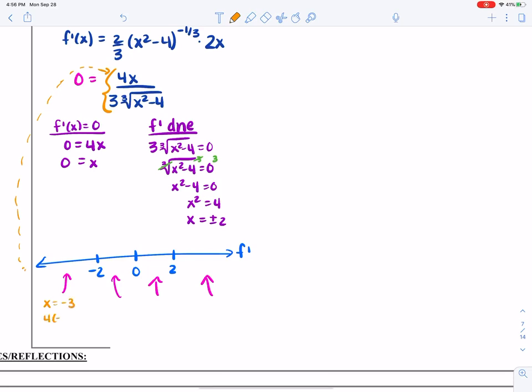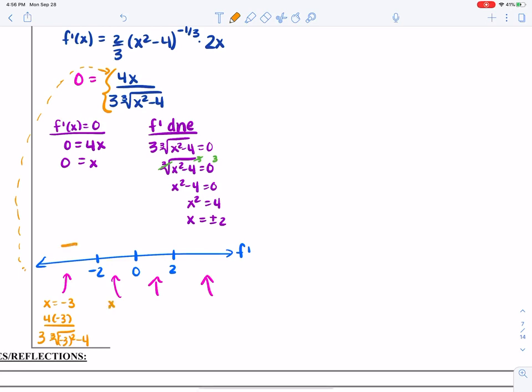My numerator will be negative 12. My denominator: negative 3 squared minus 4 would be 9 minus 4, which is 5. So that's going to be positive. So I'll have a negative number divided by a positive number, which will make that negative.